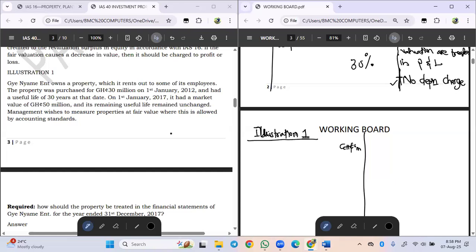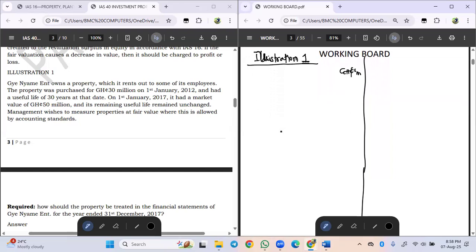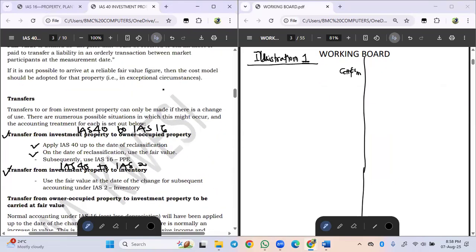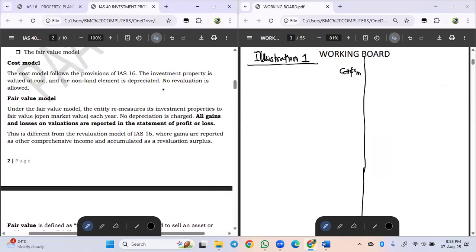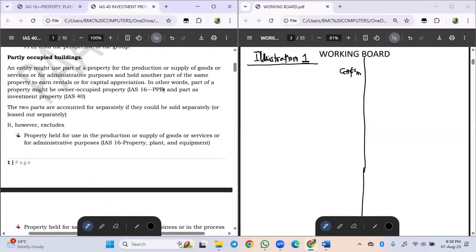I want to know if you guys are following the explanations I made. Yes. Based on what I read, it says it rents it out to some of its employees, so that makes it an investment property. And then also it's being measured at fair value.